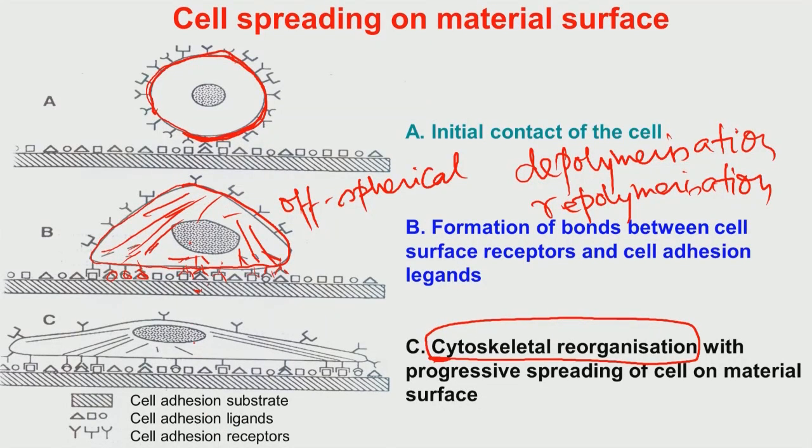And then in the third stage you can see that the cytoskeletal reorganization is also a time dependent phenomenon, this depolymerization and repolymerization. Therefore, the more time the cell spends in contact with the biomaterial substrates, the more this dynamic cytoskeletal reorganization process takes place.